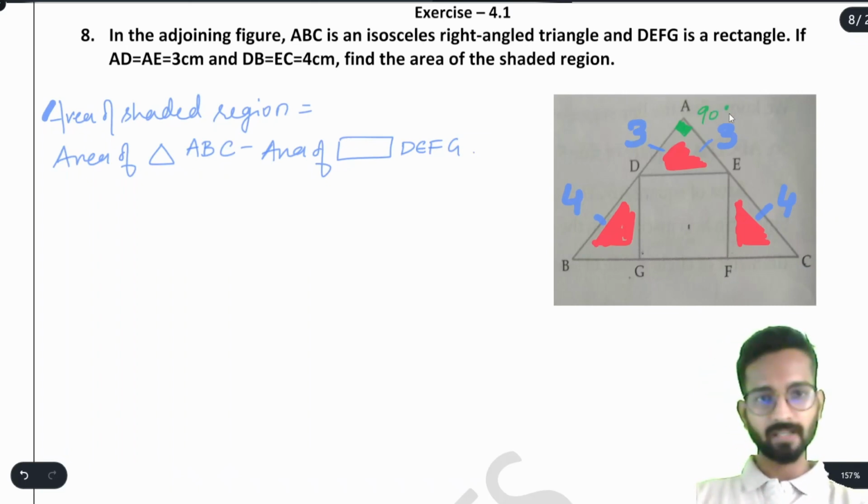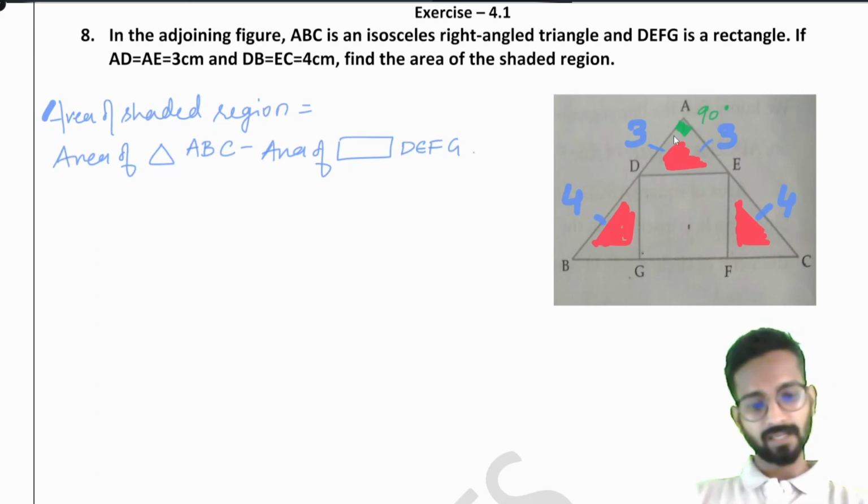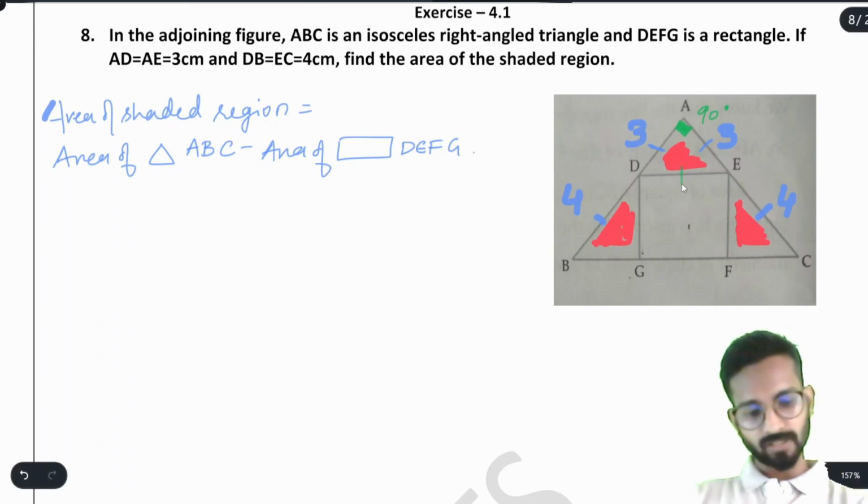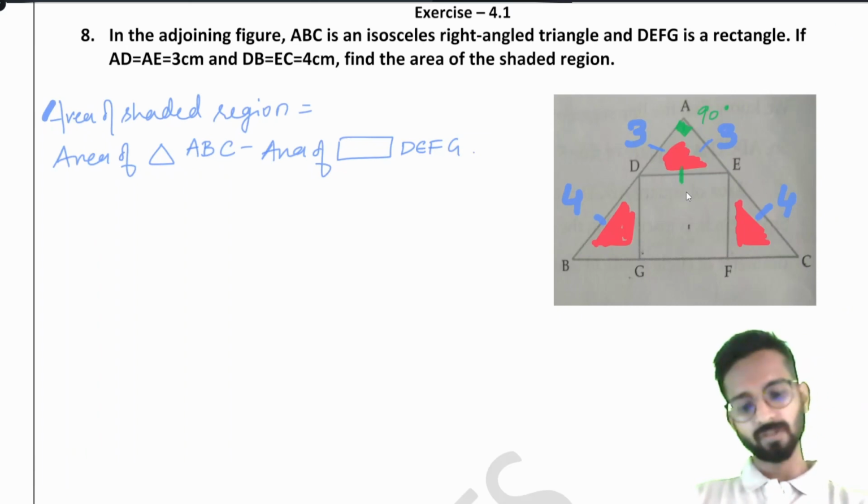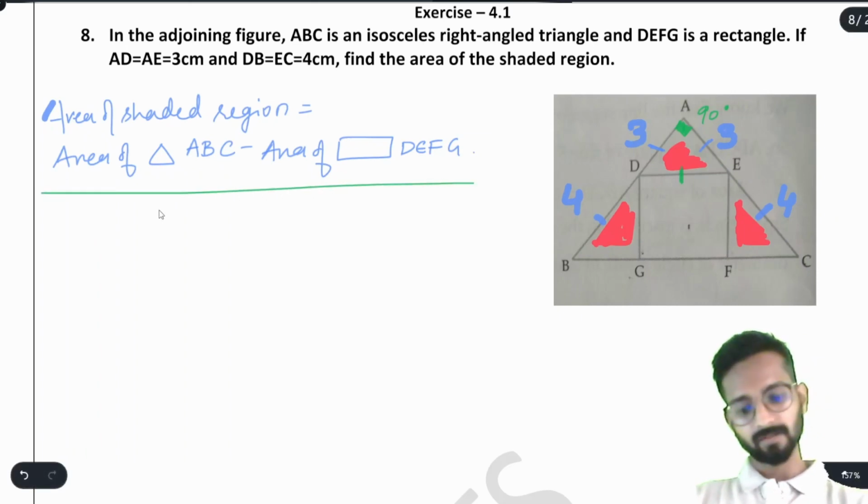When this is your 90 degree, we know it is a right angle triangle. It is already given. It means you can say there is one hypotenuse, base and perpendicular. In this triangle, wherever is 90 degree, the opposite side is the hypotenuse. So you can say this particular line DE is the hypotenuse.